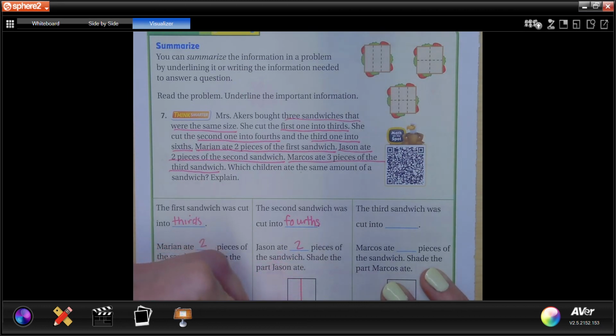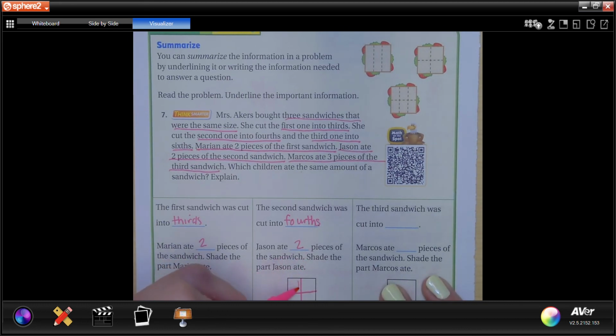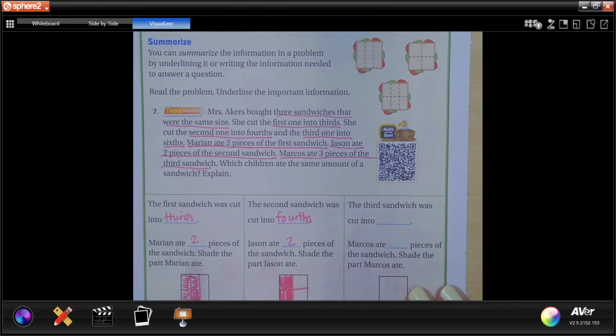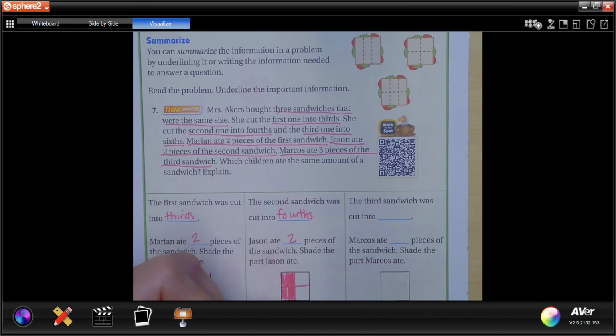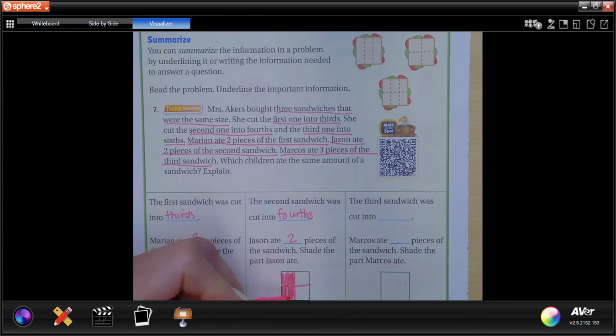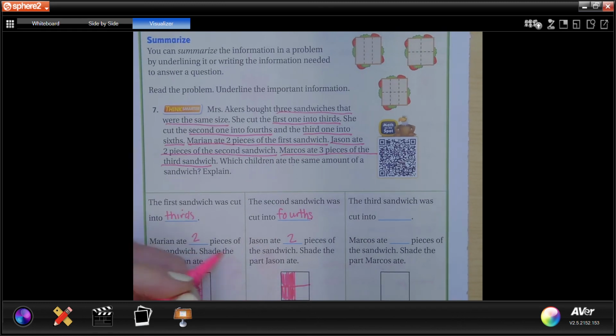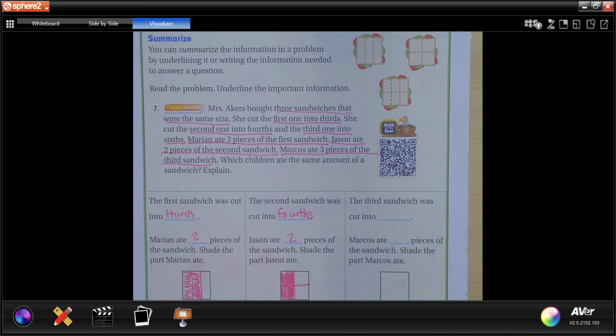Well, fourths, we're cutting this into fourths. 1, 2, 3, 4, and he ate 2 pieces. So he ate how many? 1, 2. 2 is a shaded amount out of what's our denominator? The total amount of parts in the whole? 1, 2, 3, 4. So Jason ate 2/4 of the second sandwich.